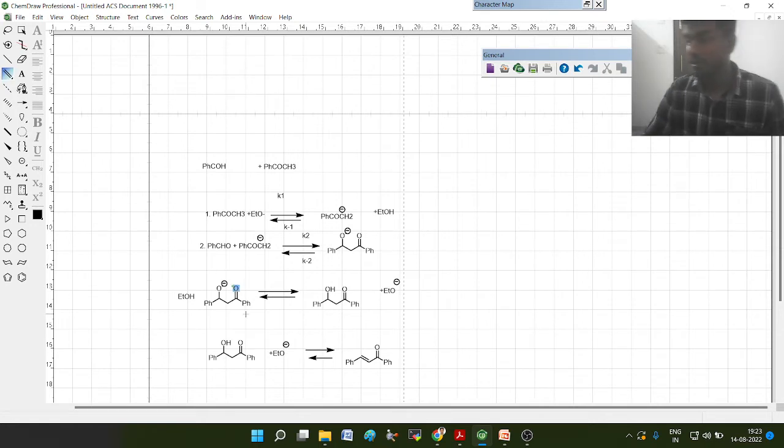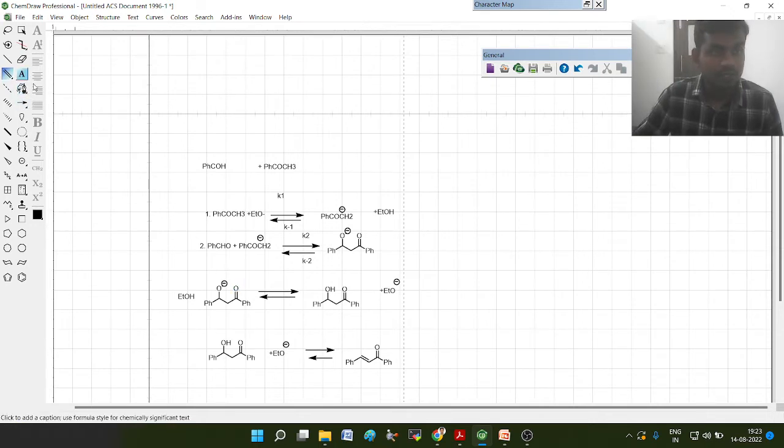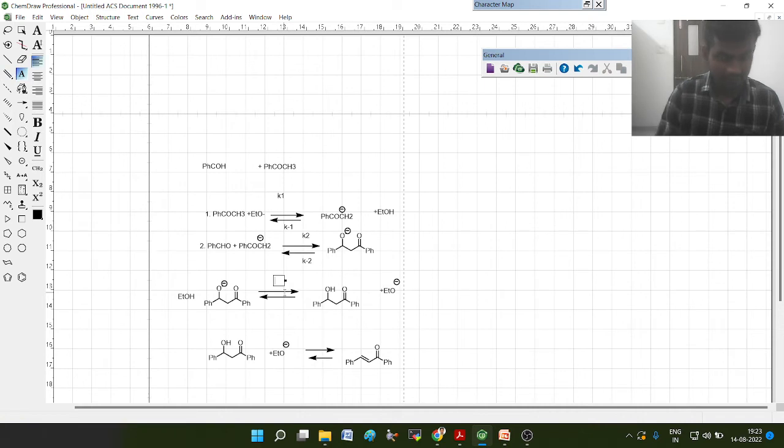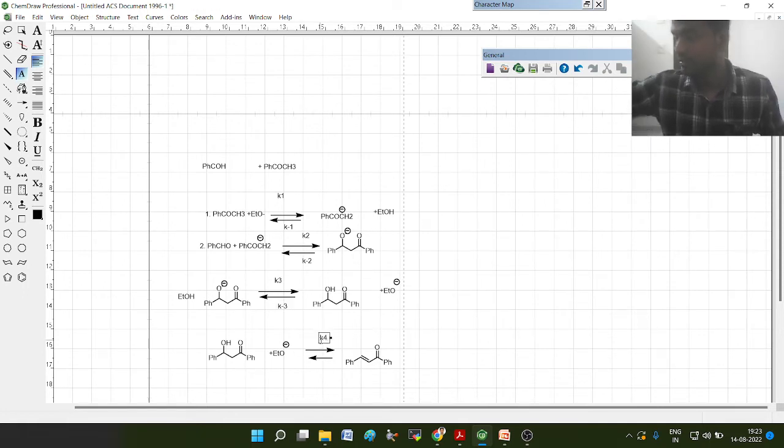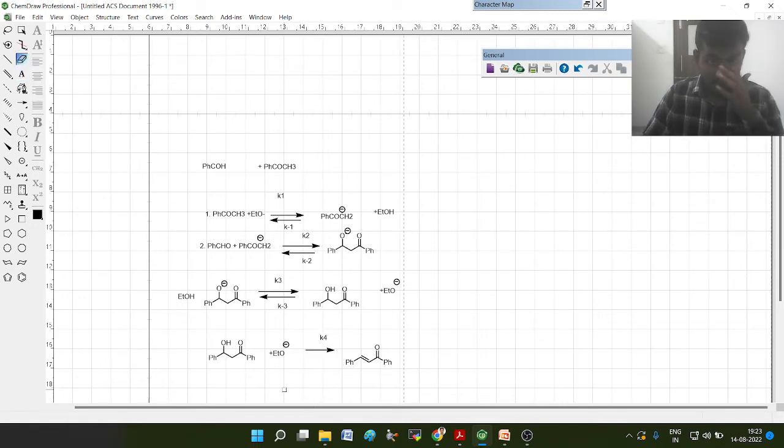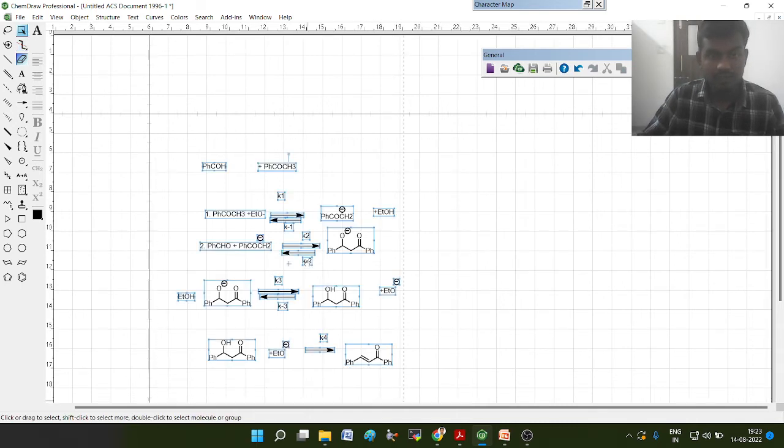So this is the product. Now I also need the rate constants here. So K3 and K minus 3 and then I have K4 here, right? So this is the overall mechanism.